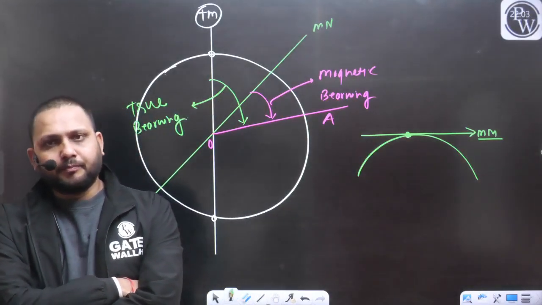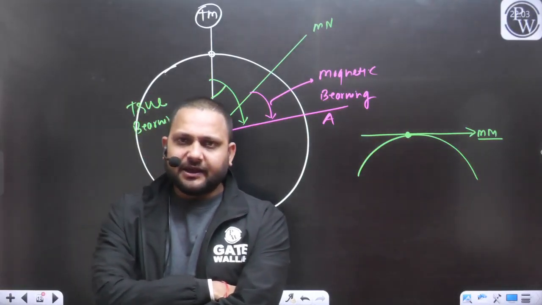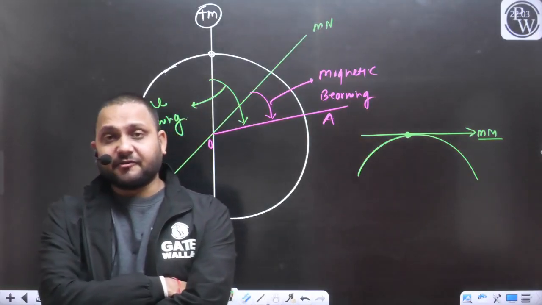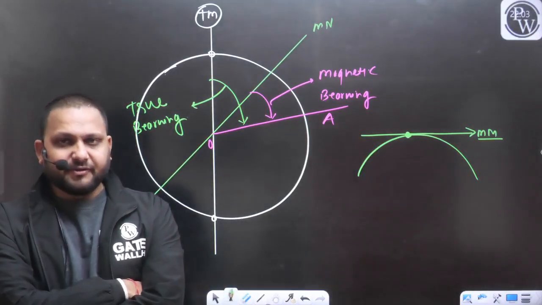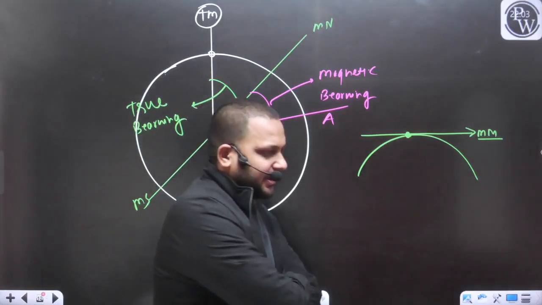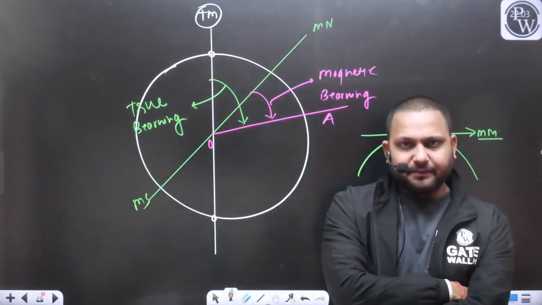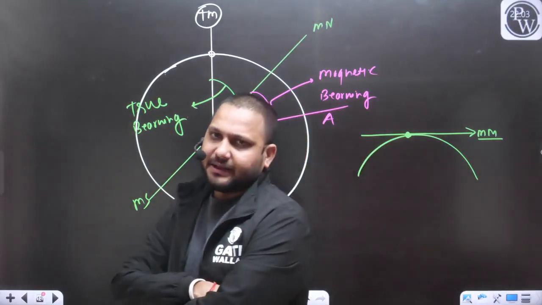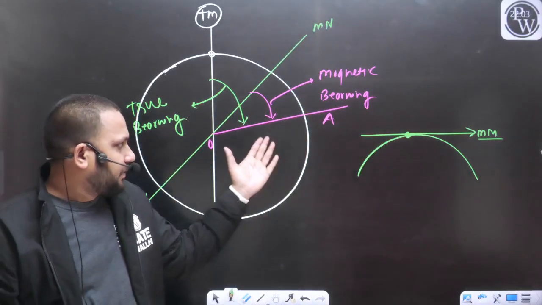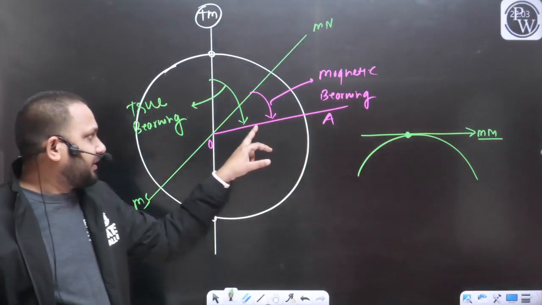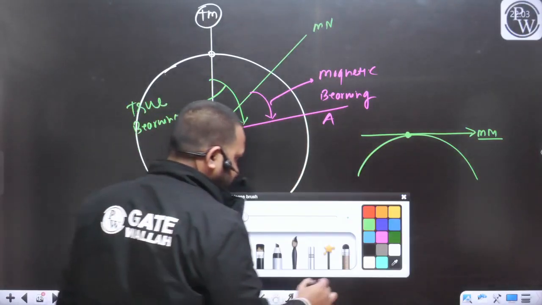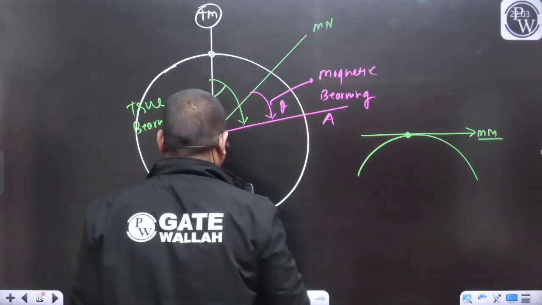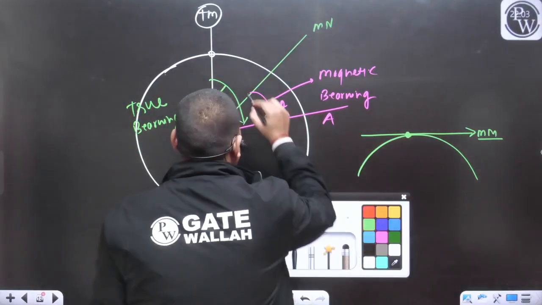So, both bearings are the horizontal angle, but if we are considering the reference as the true meridian, we get the true bearing. If we are considering the reference as the magnetic meridian, we get the magnetic bearing for the same line. As you can see, let's say this is theta, and let's say this green one is alpha.